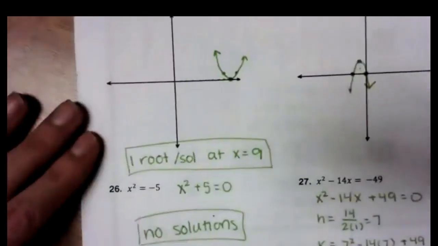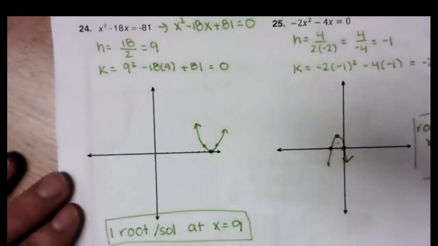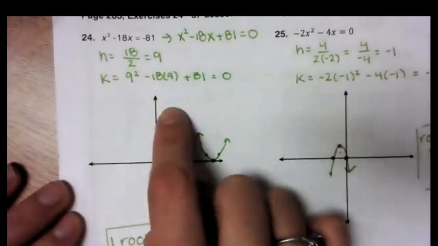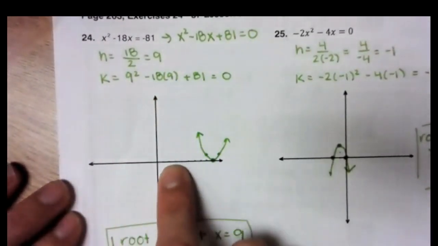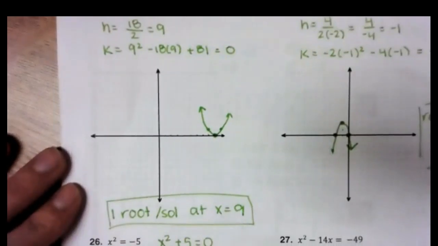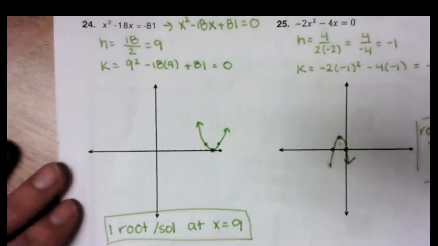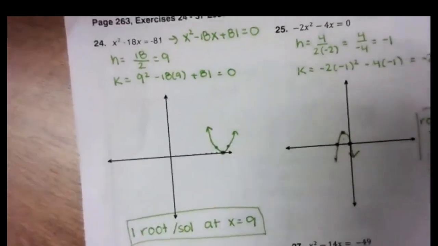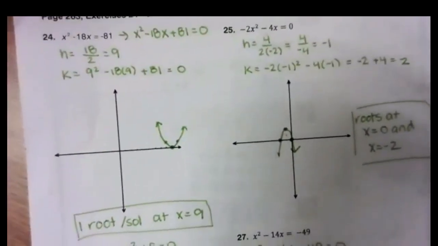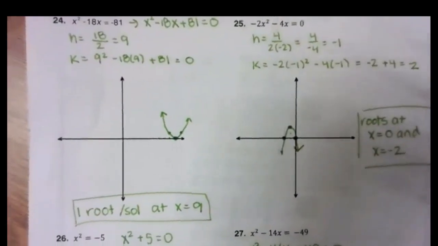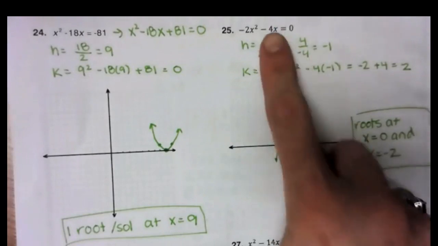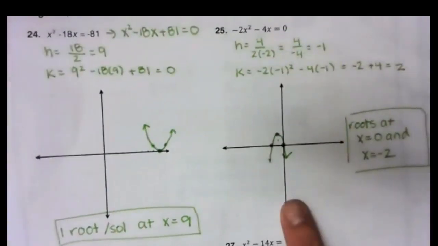for this one, you had to graph. So you had your graphs on the front. So what I do is set it equal to 0, find my vertex, graph, find my roots. Again, vertex, graph, roots.